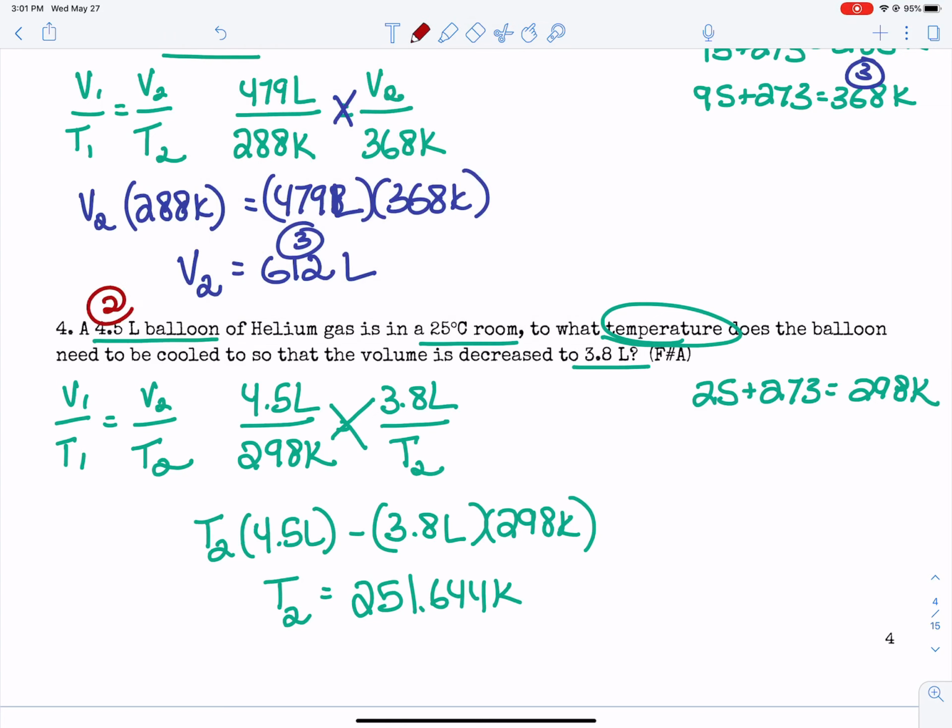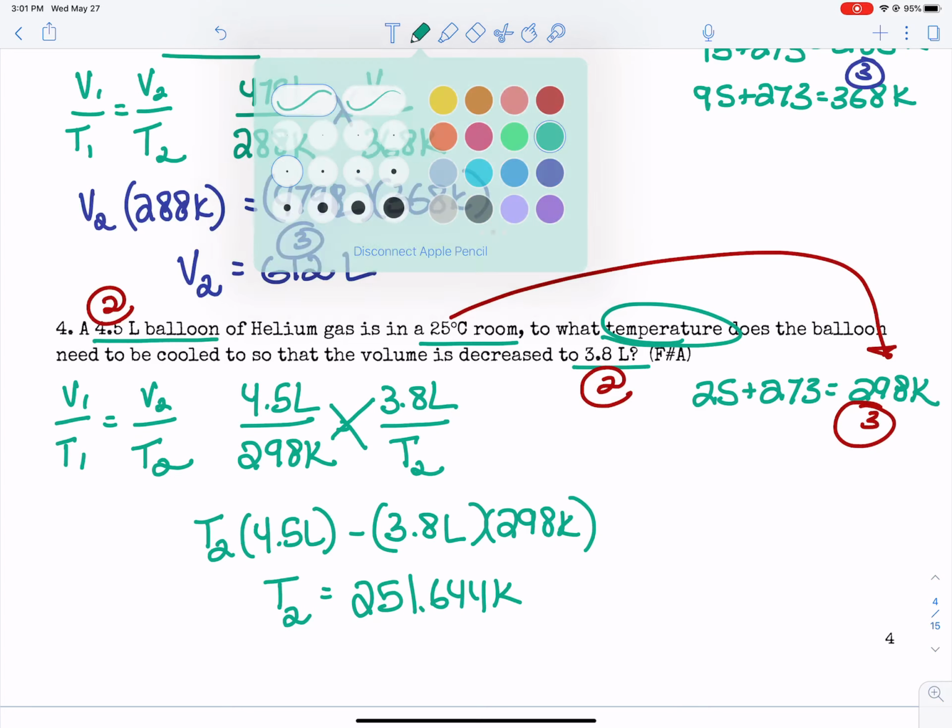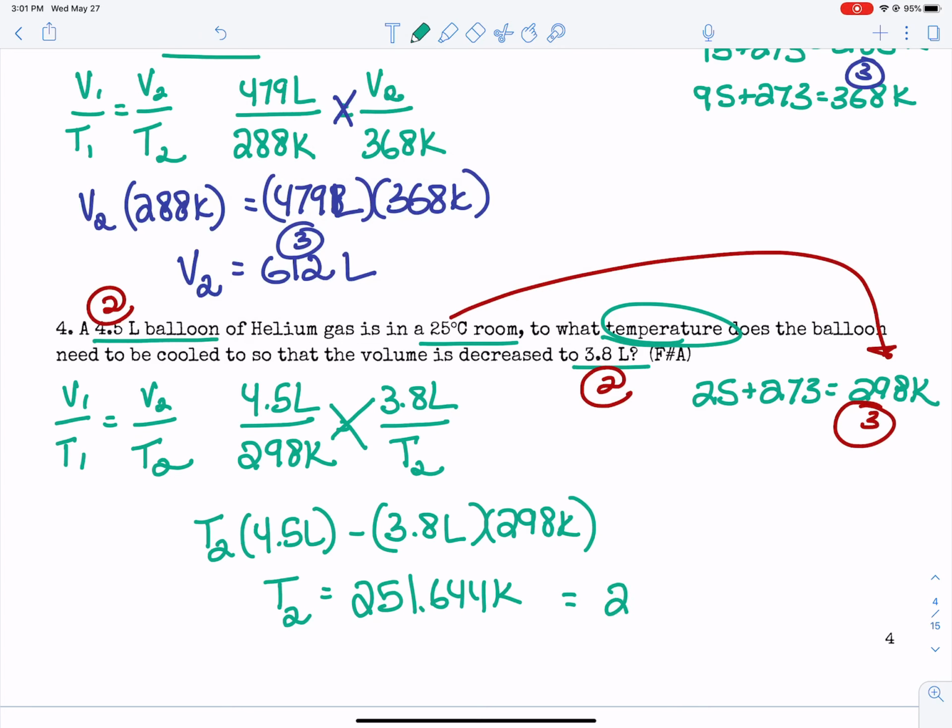This number has 2. I'm going to convert the temperature to Kelvin, and that has 3, and this has 2. So my answer should have 2. So 250 Kelvin it is. The question doesn't say you need to change it back to Celsius, so you don't need to.